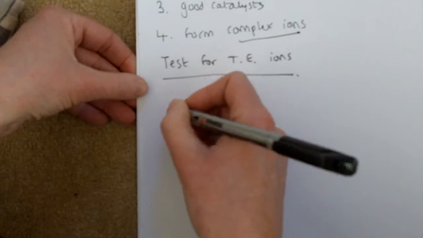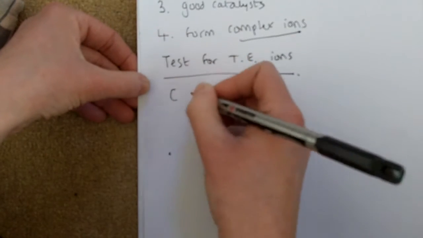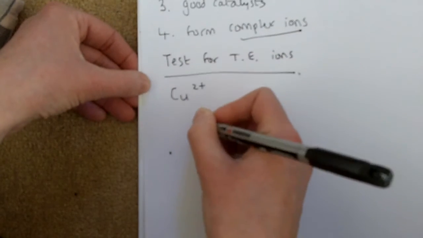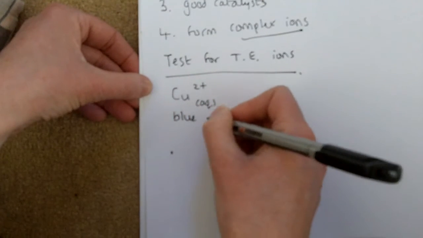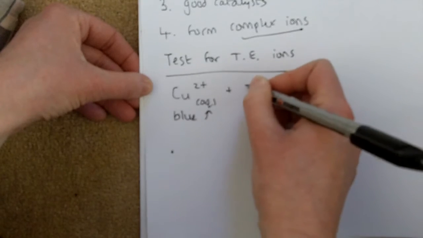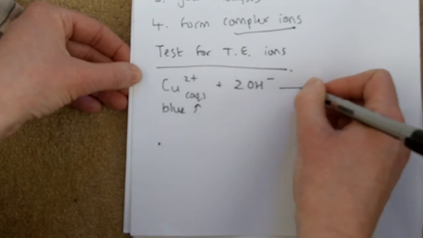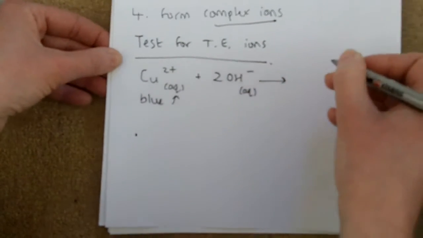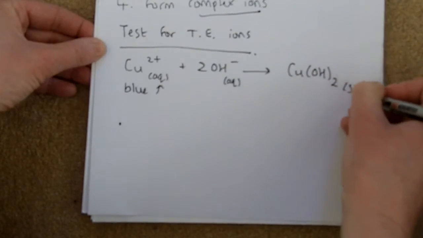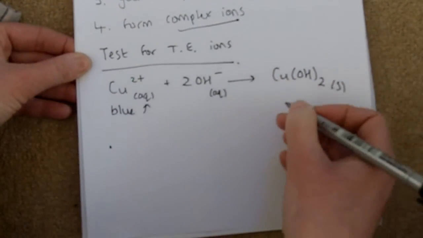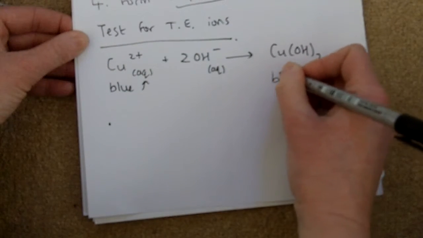You add sodium hydroxide, and the ones you need to know are copper. If you've got copper 2+ ions, that's a blue solution, and you add sodium hydroxide solution, and then you form a solid precipitate of copper 2 hydroxide, and that's blue.